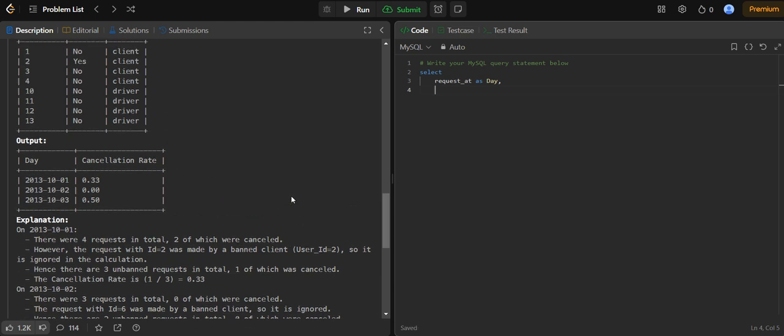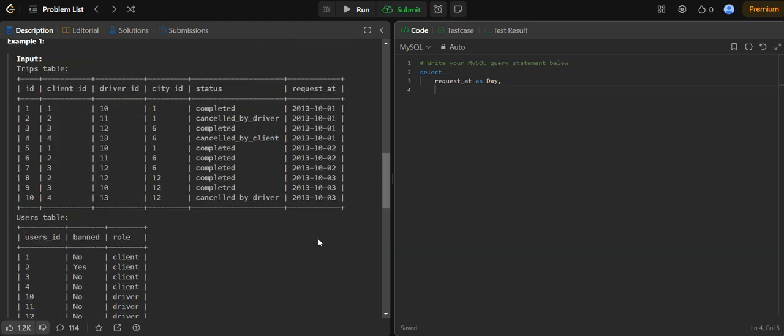Then I need the rate. So how to find the rate? I can simply take the average. If the condition, then take the average. If the status is like cancelled, I'm going to use the like keyword and the wildcard symbol, cancelled by either driver or client, then I will put 1, otherwise 0.